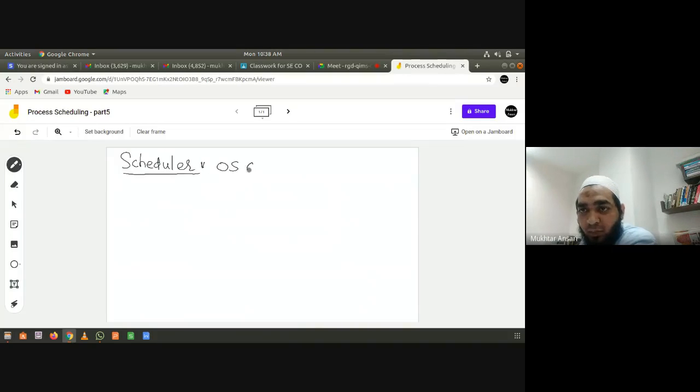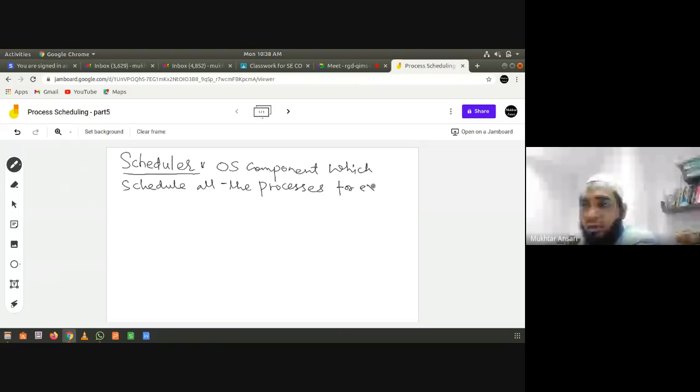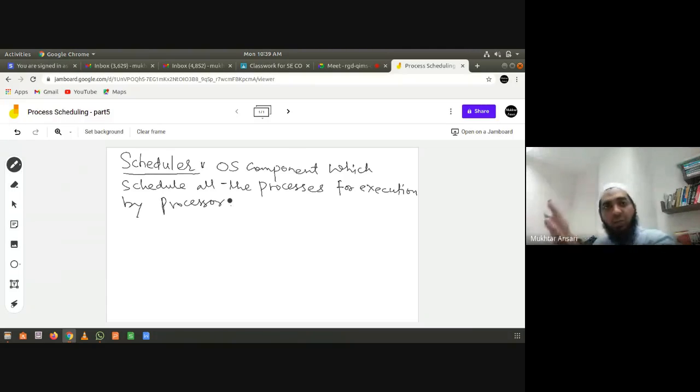This is an operating system component or module, so that you will remember it. This is an operating system component which schedules all the processes for execution by the processor. So this sheet will stay with you; this definition is not available anywhere else. This is our customized definition.